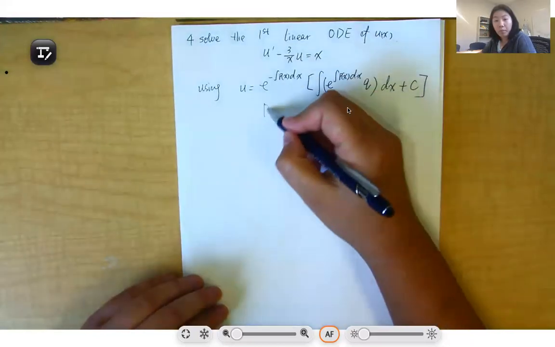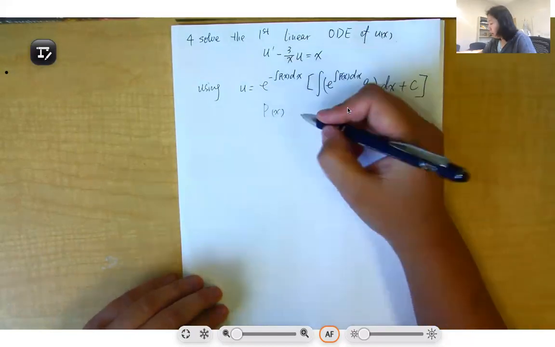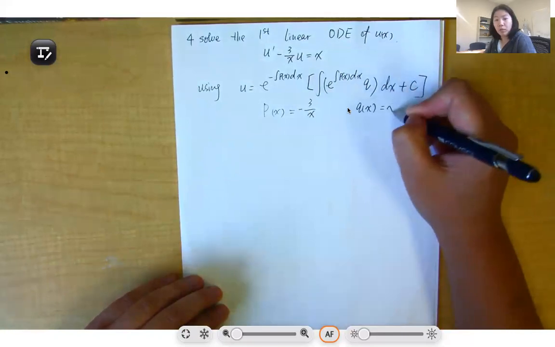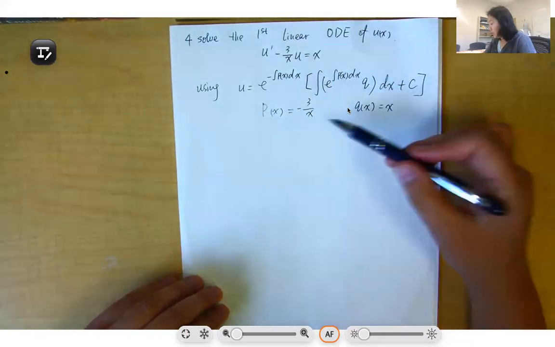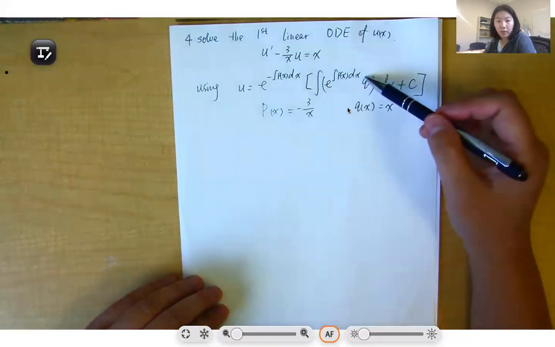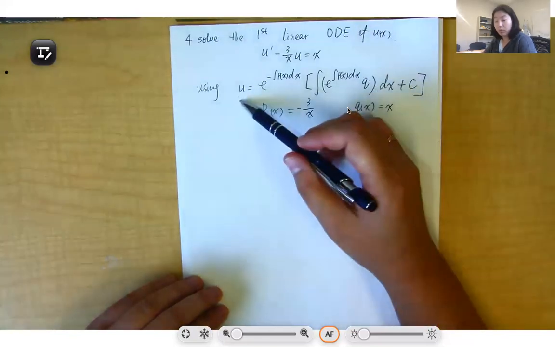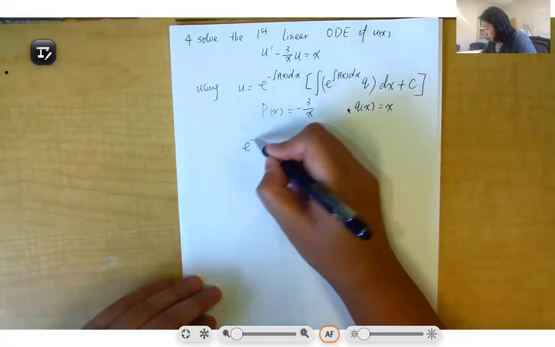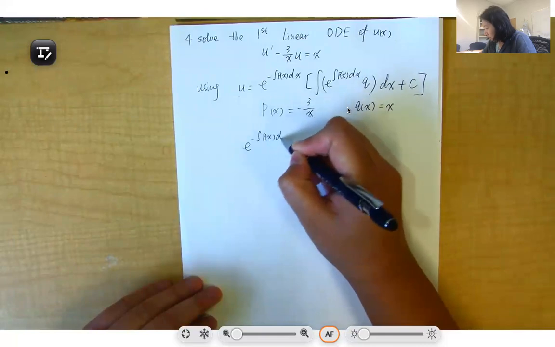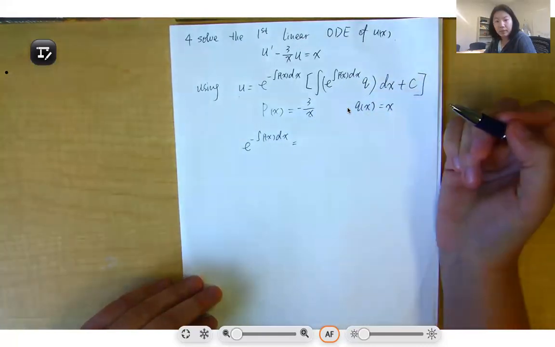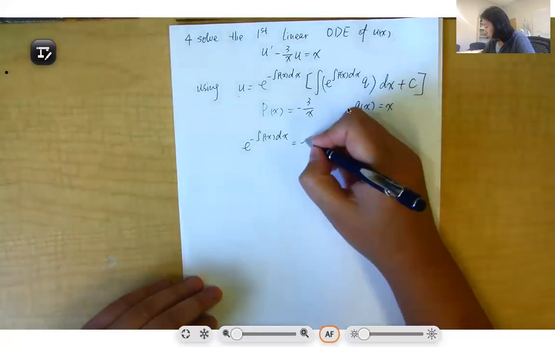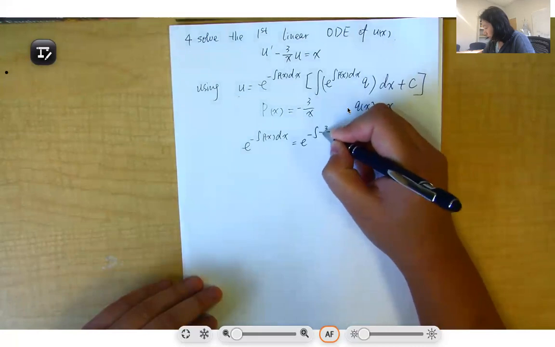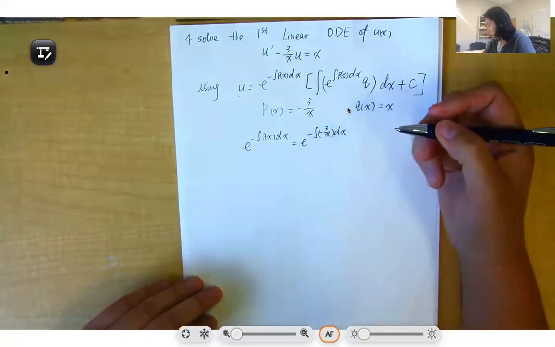And we have our p of x here equal to minus 3 over x. Our q of x is equal to x. Then using this p of x and q of x, going back to our integral part, we will get our u, okay? So we have the e to the integral of p dx. Let's solve it separately. That is e to the integral of minus 3 over x dx, right?